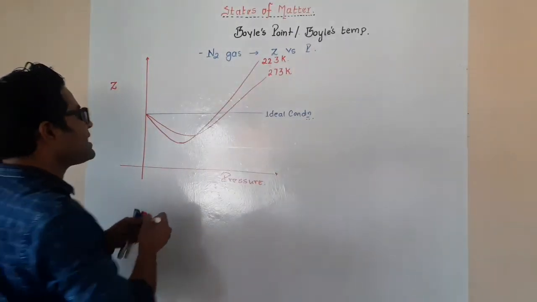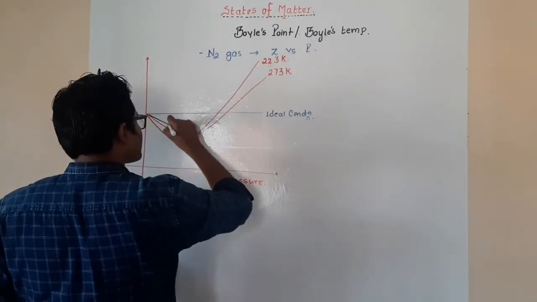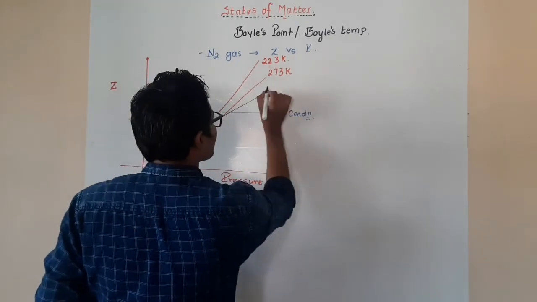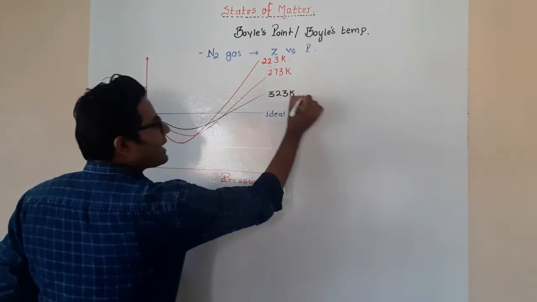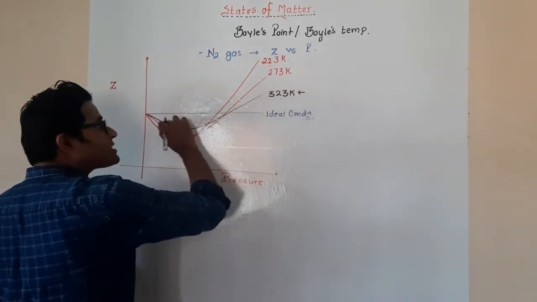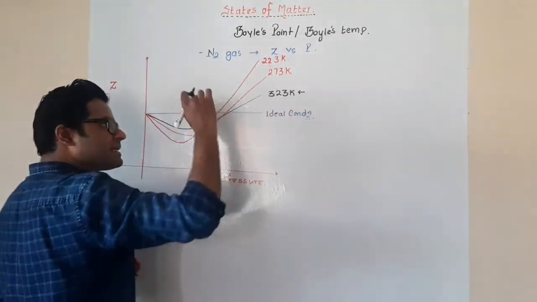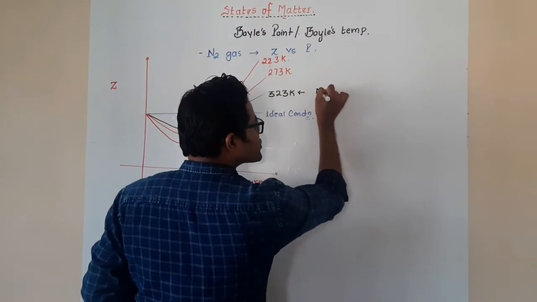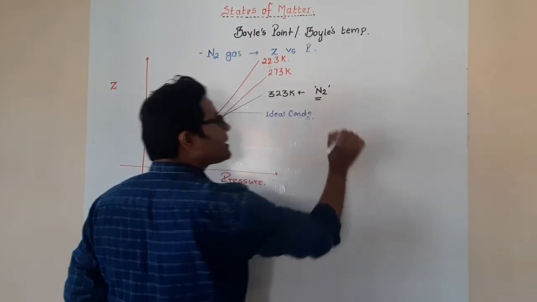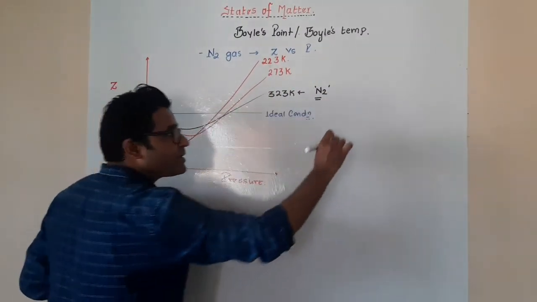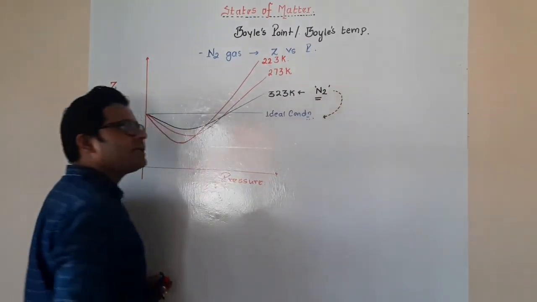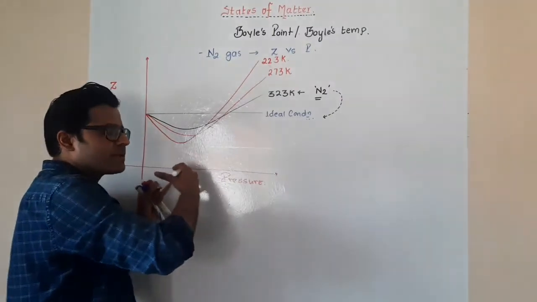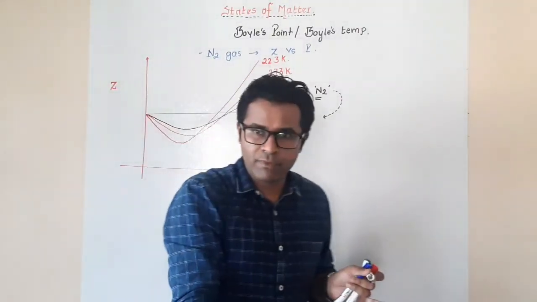So naturally there is one particular temperature at which the dip is minimum. At this temperature, nitrogen gas will start showing behavior almost like that of ideal conditions over an appreciably long range of pressure.